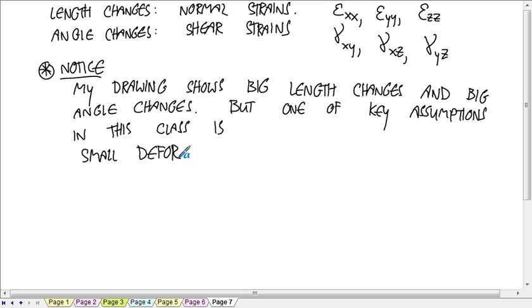The stress values are going to be big, something times 10 to the 6, something times 10 to the 8. The strains are going to be something times 10 to the minus 4, something times 10 to the minus 6, tiny values like that.